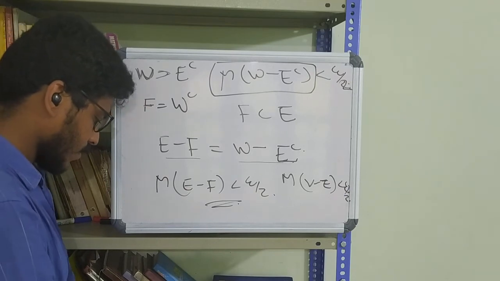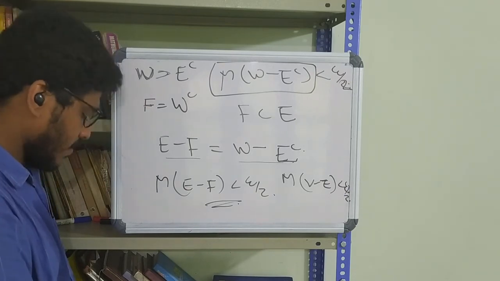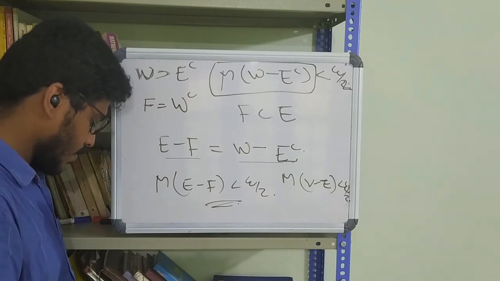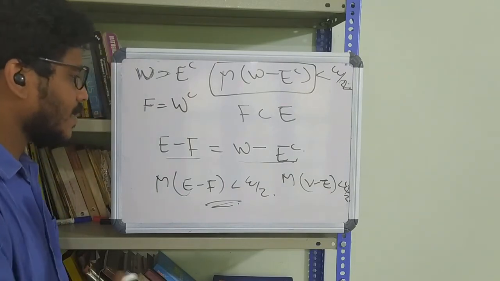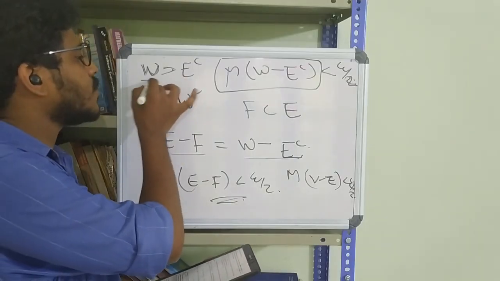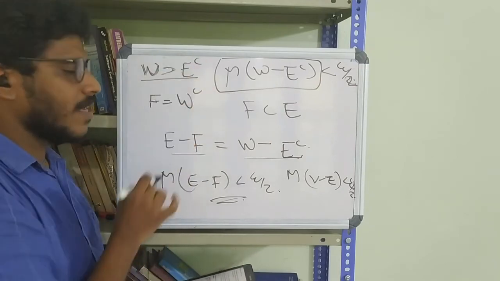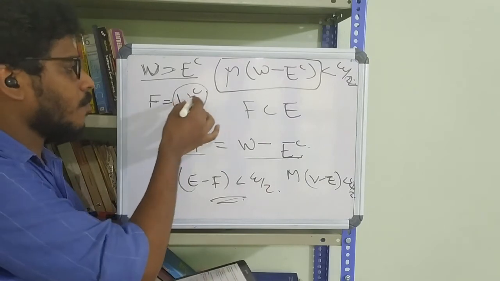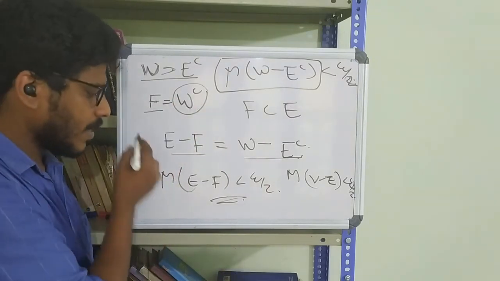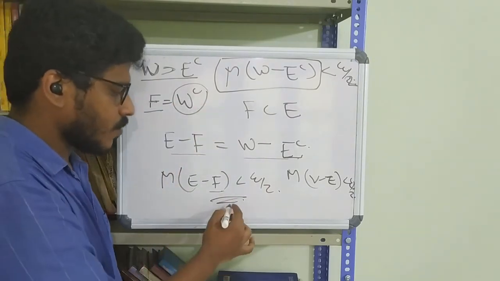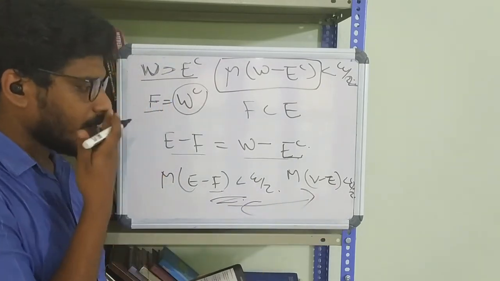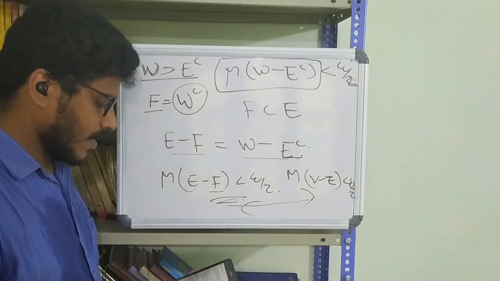closed sets F. See, why is F closed? That's an obvious reason. W was assumed to be an open set containing E complement, and if W is an open set, W complement has to be closed, right? So for that reason, F is a closed set. So combining these two, we will get the first part, the A part, right?